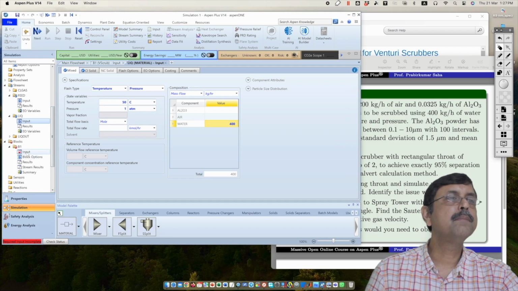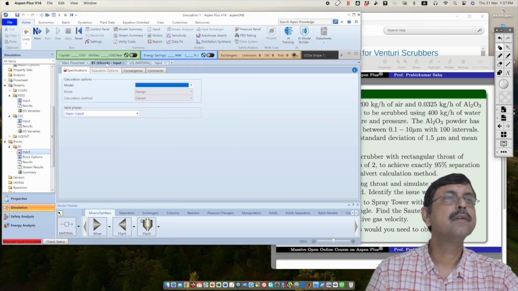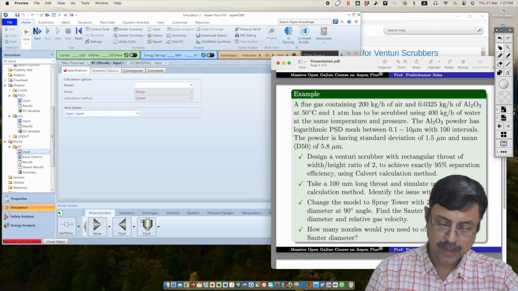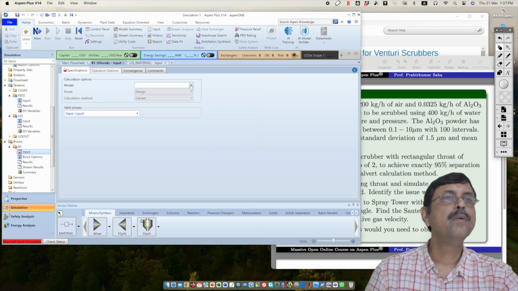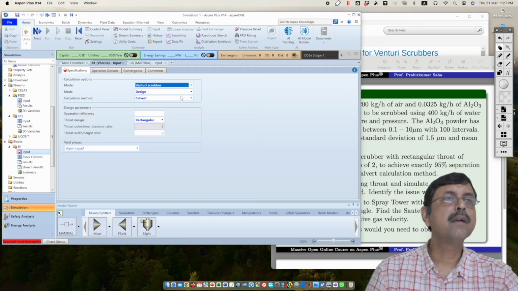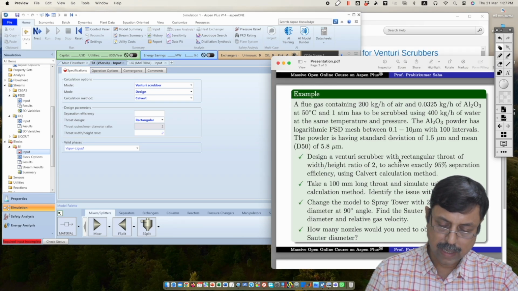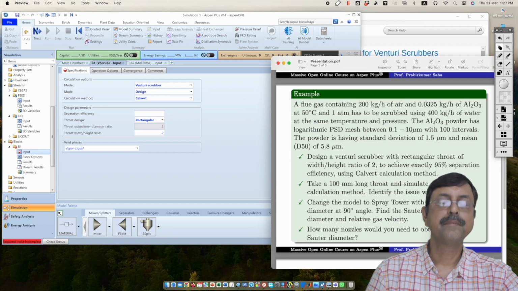Now go to the block of scrubber. Now, first thing first, we have to use the Venturi scrubber in design mode. So we will use Venturi scrubber in design mode, and rectangular throat will be used.